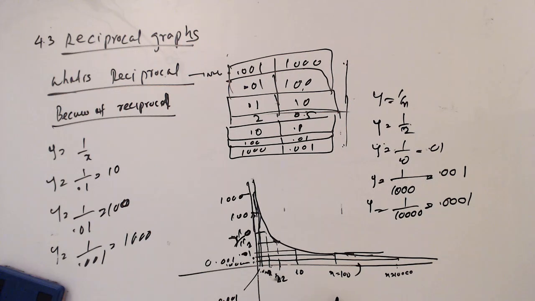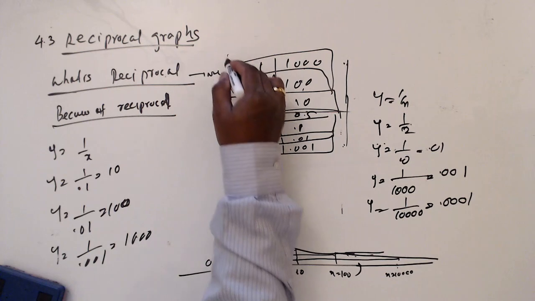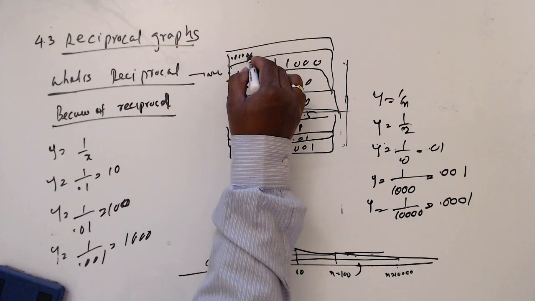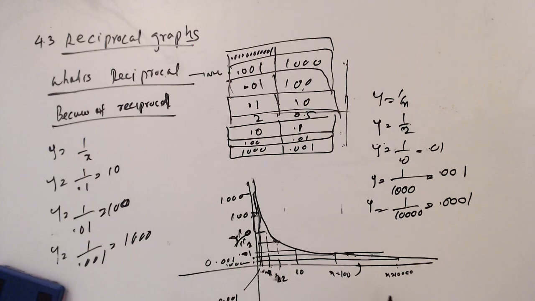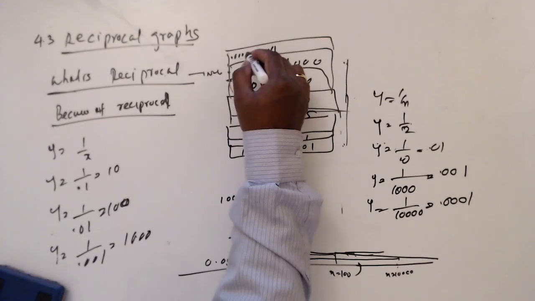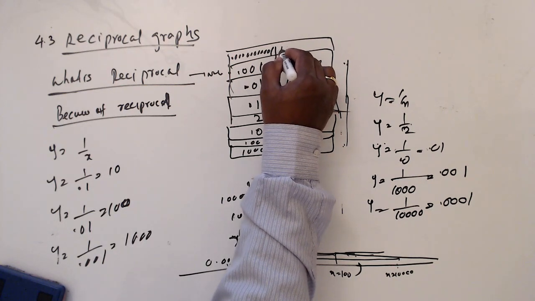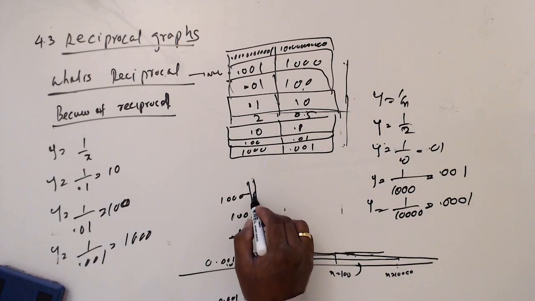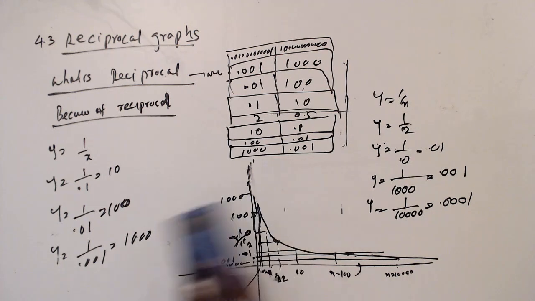Right. I'll take another x value, a very small number with many zeros. I'm not trying to read it. Somewhere here, it is very close to the curve.